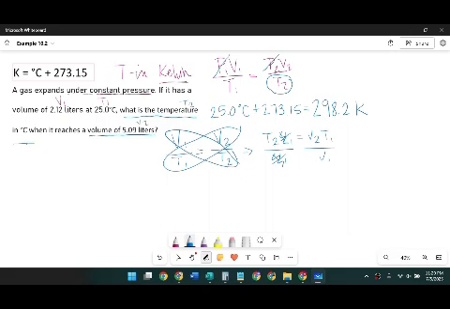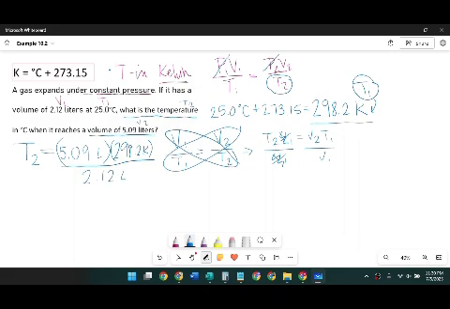So we're going to say T2, that's our final temperature when we've changed the volume. And we're going to plug in for V2 5.09 liters. And our temperature 1, we've converted. I should probably have labeled that. So this is our T1 over here: 298.2, that's in Kelvin. And then we divide that by our volume 1, which is 2.12 liters.